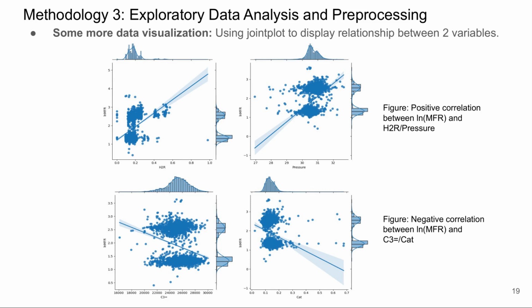In the figures, we show the joint plot of the two most positively correlated features with the natural log of MFR, which are H2R and pressure, as well as the plots for the two most negatively correlated features with the natural log of MFR, which are C3 and the catalyst. So moving on to the next slide.